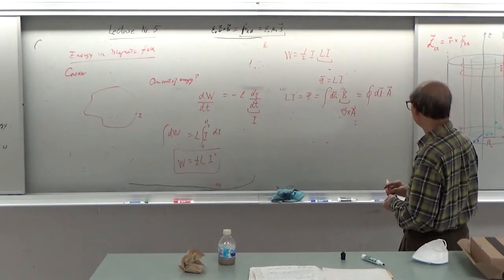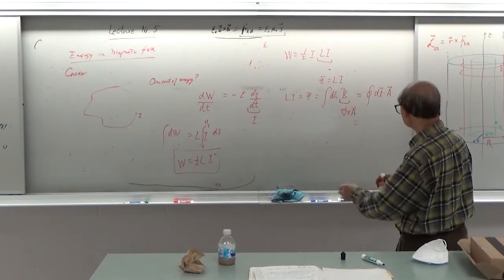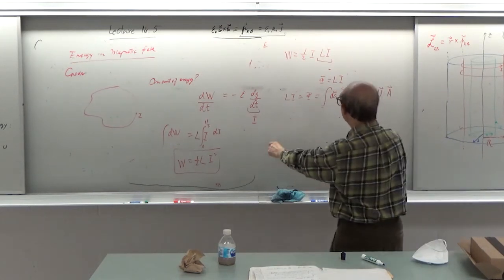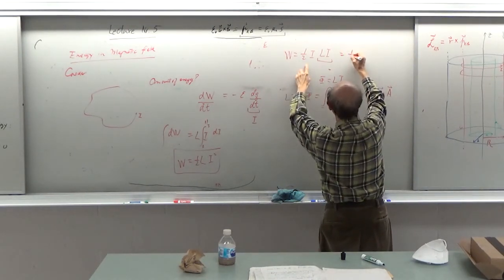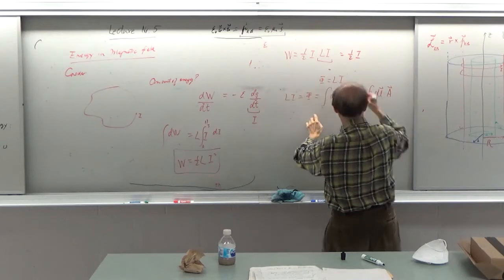All right. So that I can write this W as 1/2 I times LI.